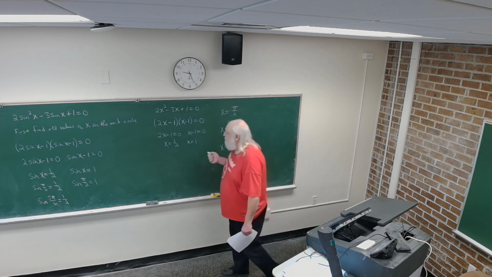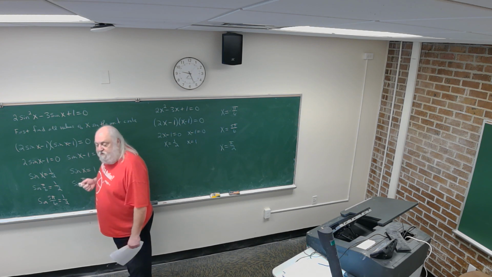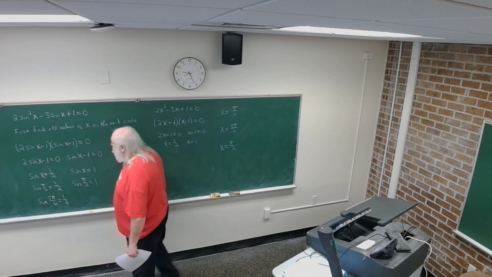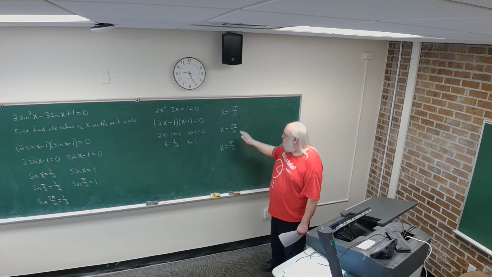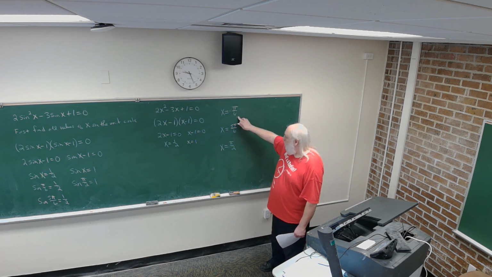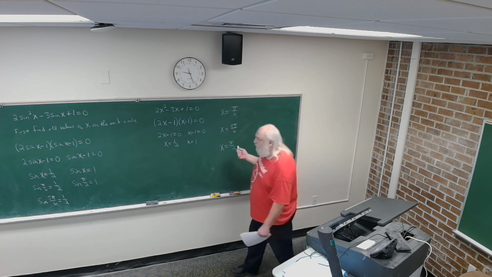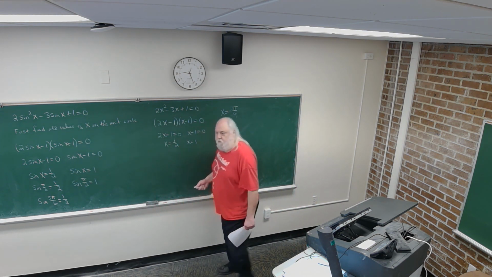When you put any of those three angles in for x, the left-hand side will equal 0. But any angles that are coterminal with pi over 6 or 5 pi over 6 or pi over 2 have the same value for the sine function. And they also will make the left-hand side equal to 0.